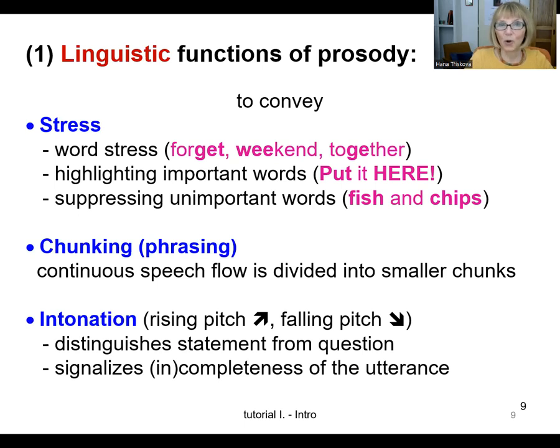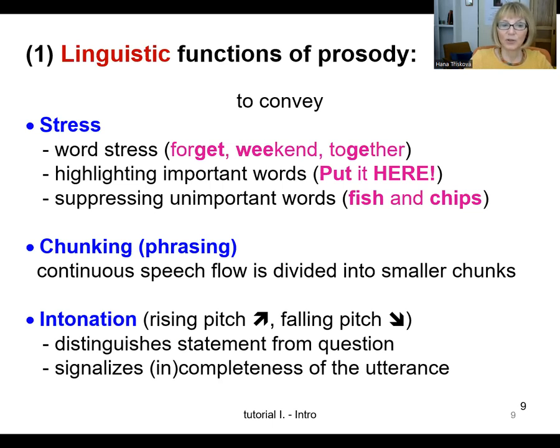I'm sure that you know about word stress, get, weekend, together. The speaker can also highlight important words of the utterance, for instance, put it here, not there. And also we can de-stress or suppress words which are not that much important, for instance, conjunctions, fish and chips.